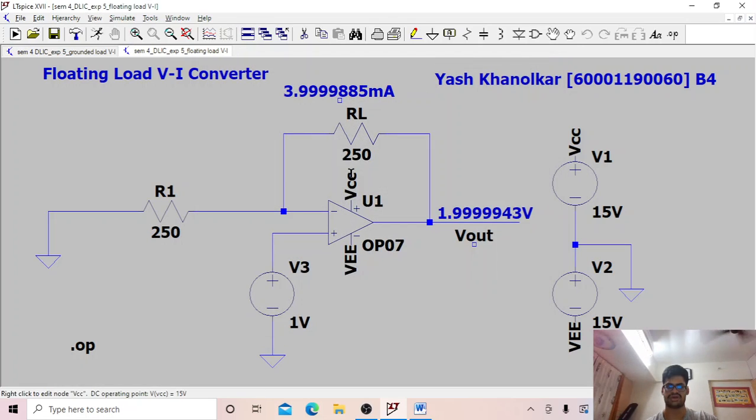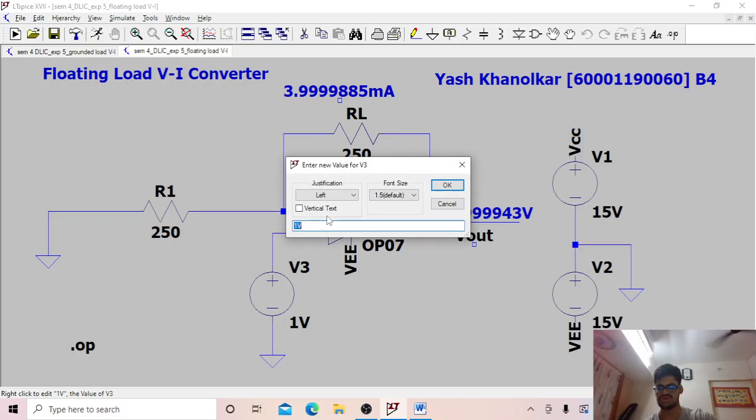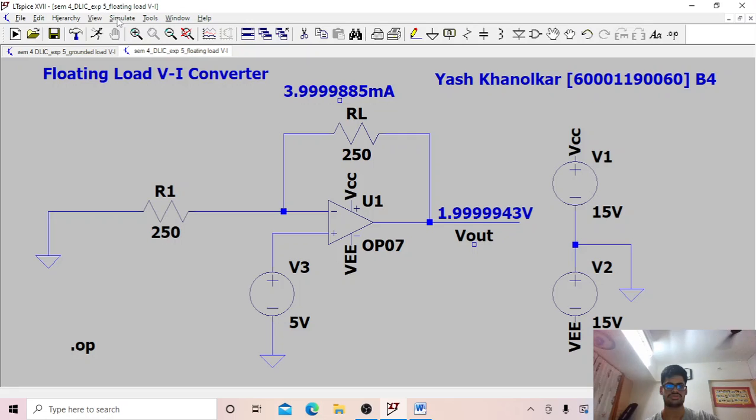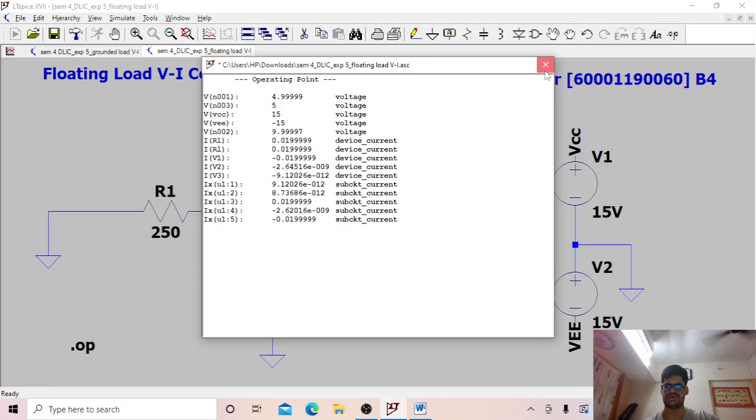and so now we can see that for 1 volt supply voltage, the load current is 3.99 milliampere. So we expect it to be 4 milliampere. So the floating load V2I converter is running perfectly. And if we increase this to say 5 volts, which is the maximum value of the voltage, now we expect this to be 20 milliampere.